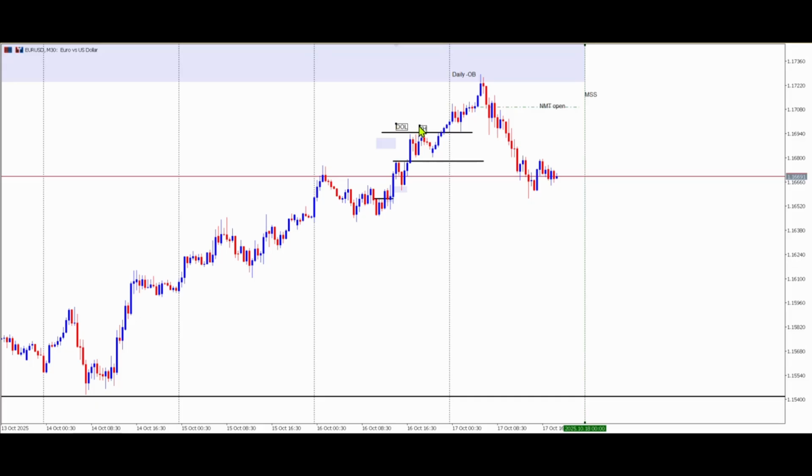YH stands for yesterday's high right there. Nice clear highs right here. We can mark even this candle right here as our yesterday's daily high.